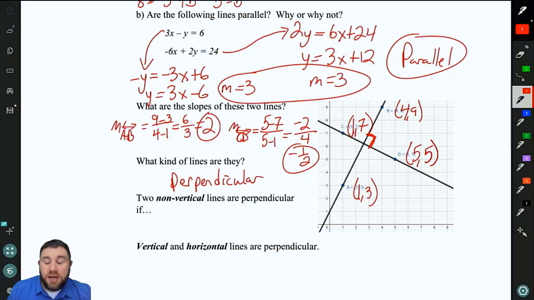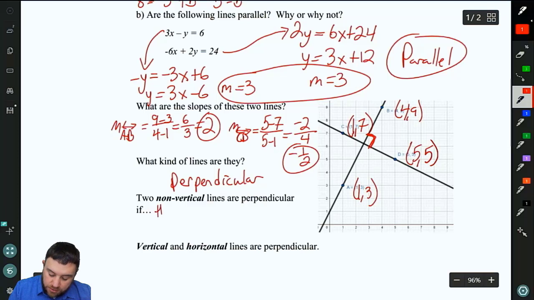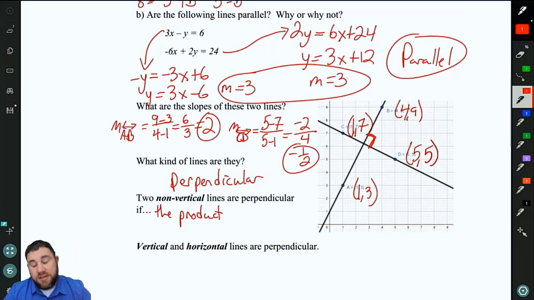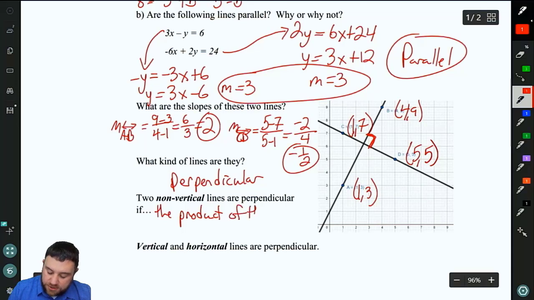So two non-vertical lines are perpendicular if, and I'm going to write down the technical way that the theorem goes, but then we'll also explain it, the product of their slopes is negative 1.